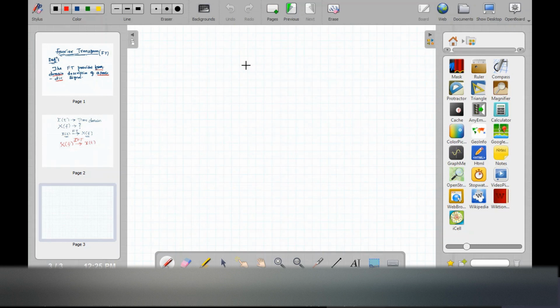So let me start with the Fourier transform equation. How to calculate a Fourier transform? Let me go with that first. The Fourier transform is x of f.